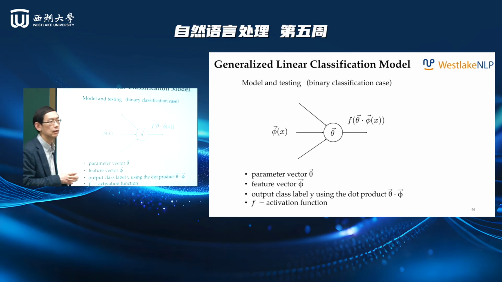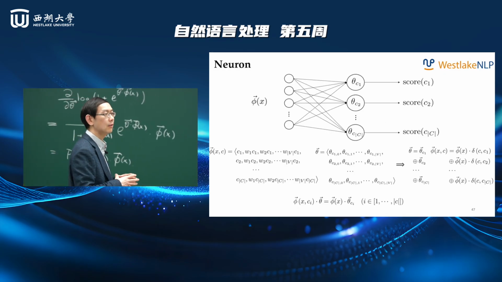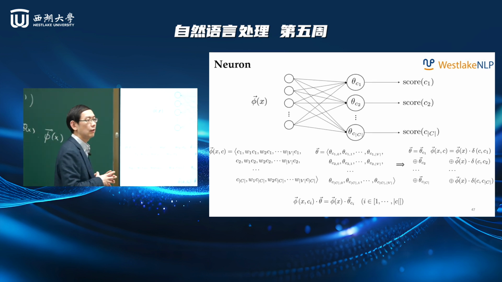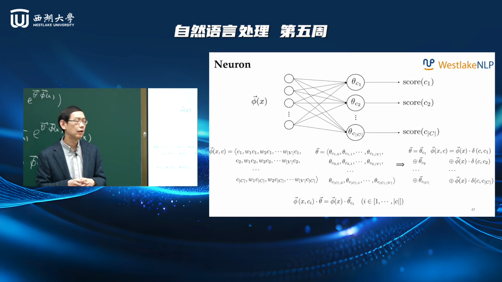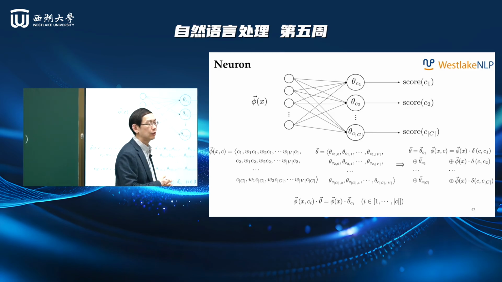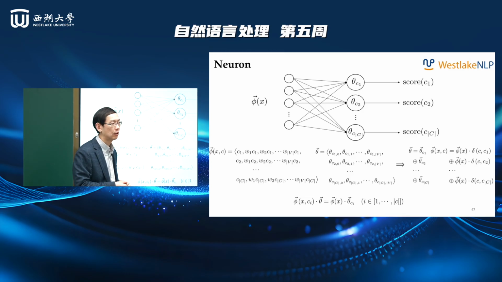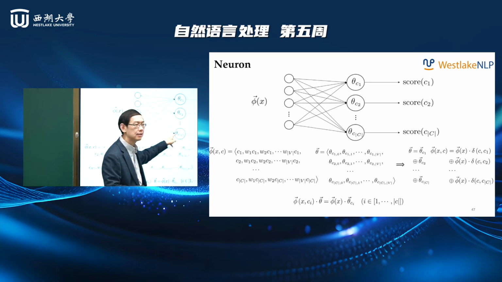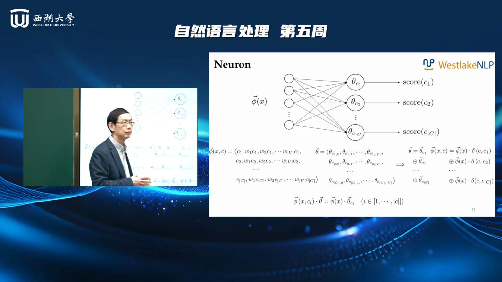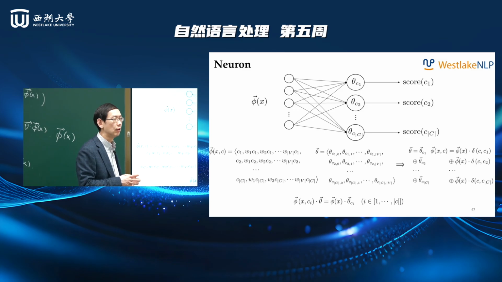But I'm saying I can turn this into another structure. I don't want to put my phi xc on the left. I want to put my phi x on the left, and then I calculate a score for every class label. That's also possible as a multi-class neuron.